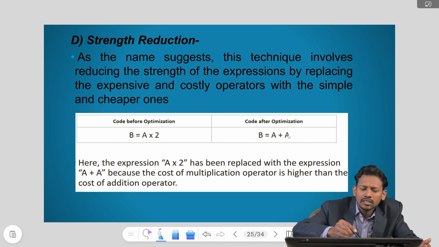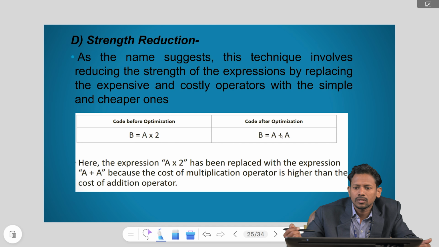So the multiplication operation star is replaced with the addition operation, so that it tries to reduce some CPU clock cycles while performing floating point arithmetic operations. So it tries to reduce the CPU time. This is also a very important code optimization technique, strength reduction.